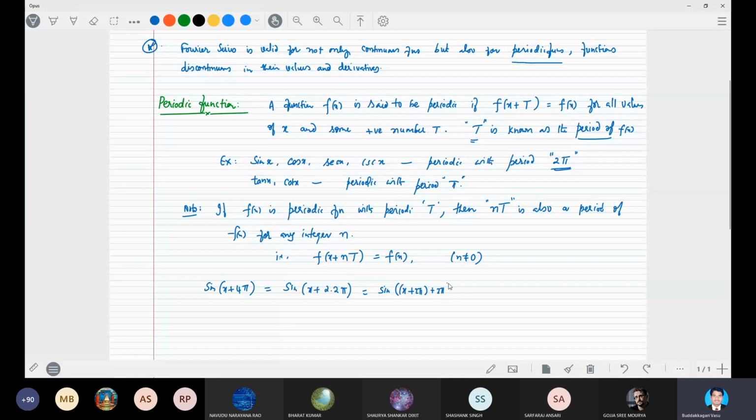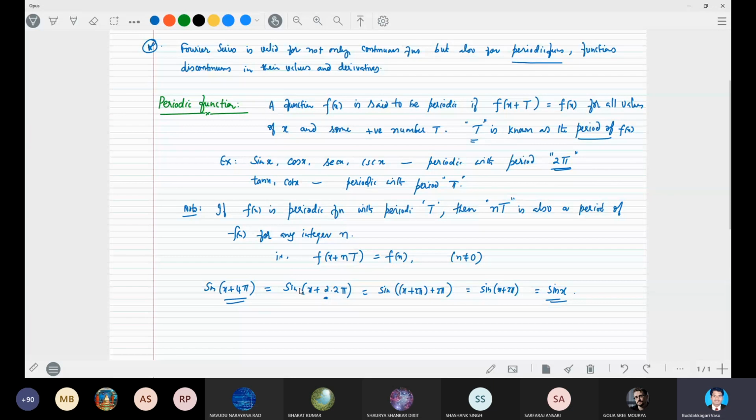You can write it. That is equal to sine of x plus 2 pi, again is equal to sine x. So hence 2 pi is a period, but 4 pi is also a period. It is 2 times 2 pi. So here n is equal to 2. So like that we can define the periodic functions.